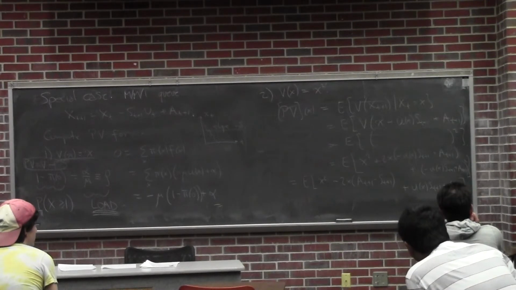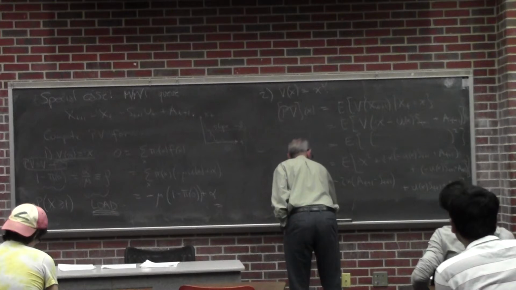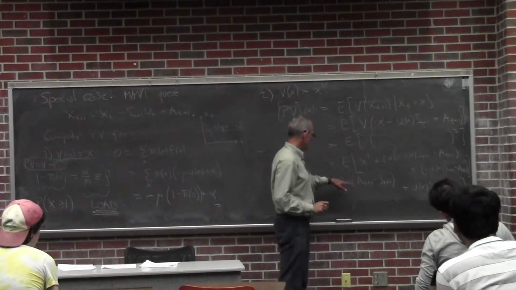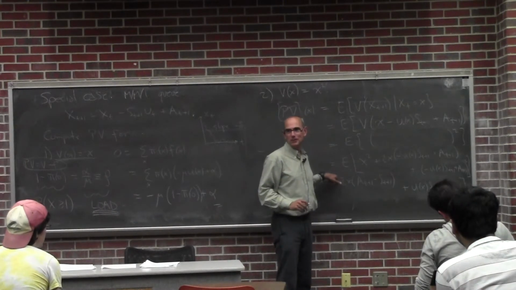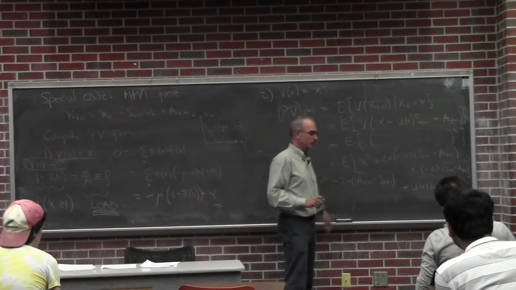It's all linear, so I get this is equal to x squared. And you see I cheated here. I flipped these and put a minus sign, because I'll have alpha minus mu, which we assumed is positive.